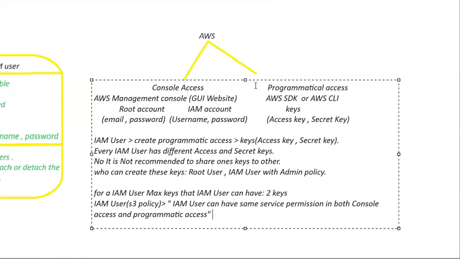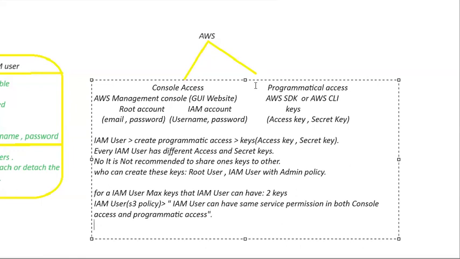The permissions or policies that we attach to the IAM user are the only permissions present for that user. If you log in via console or programmatic access, only those permissions are present for the user.